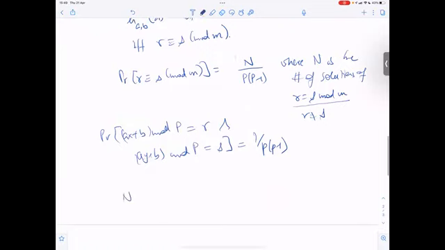So now we want to say what is N into P minus 1. So what is N? I claim N is less than or equal to P into P minus 1 by M. Why is this so?